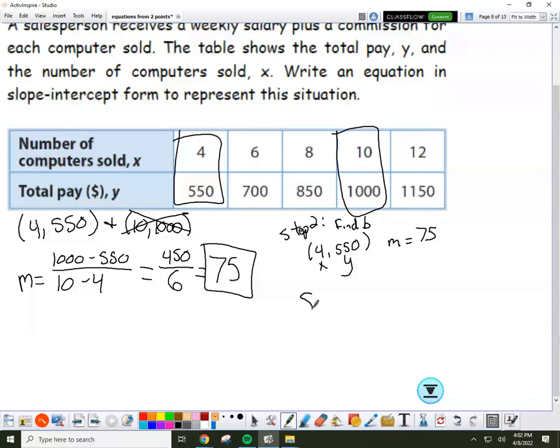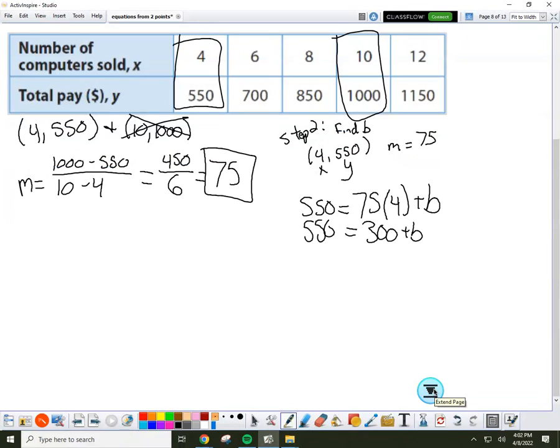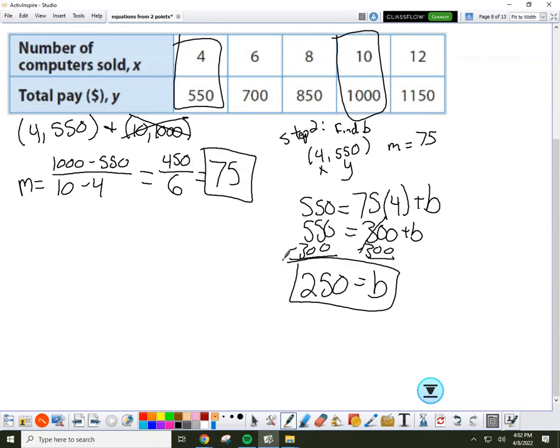Okay, our y is 550 equals our slope times our x plus b. When we multiply 75 times 4, we're going to get 300. Then we have a one-step equation. We're going to subtract 300 on both sides. And we're going to get our y-intercept equal to b. Our y-intercept equal to 250.